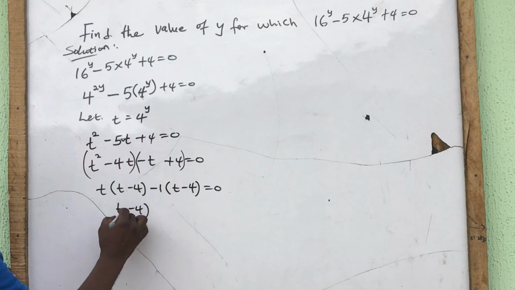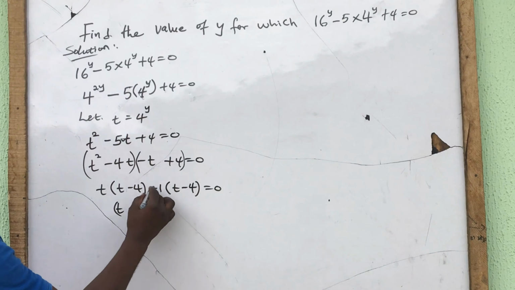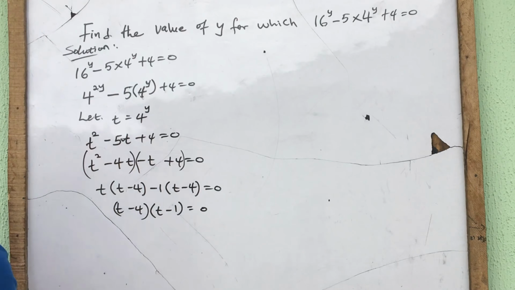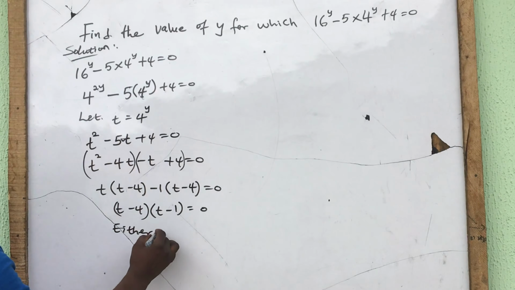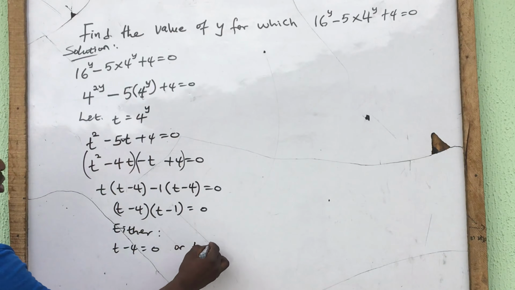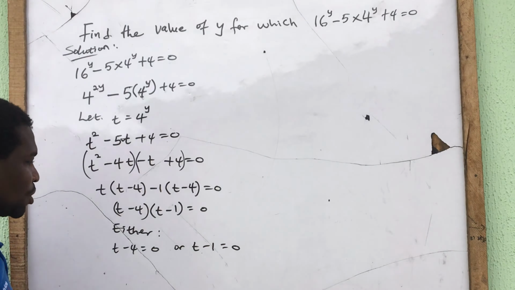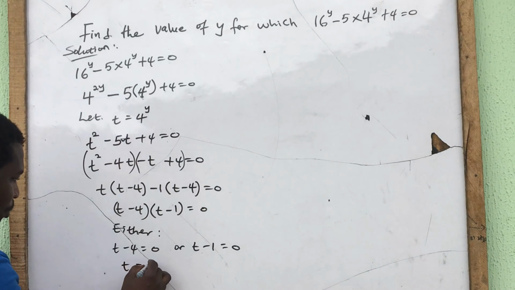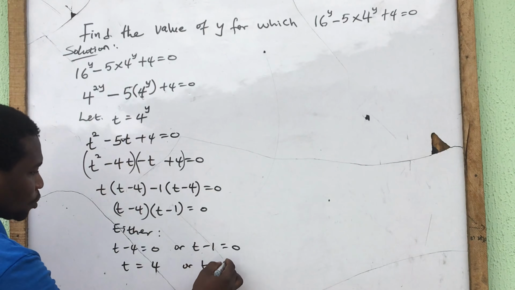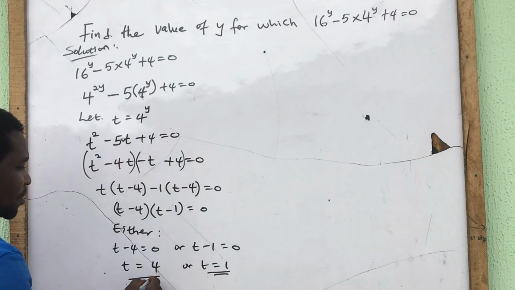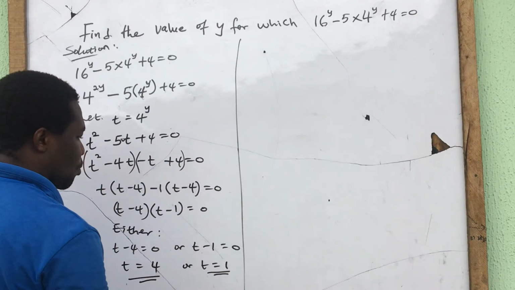T minus 4 into t minus 1 equal to 0. So either t minus 4 equal to 0 or t minus 1 equal to 0. From that, you have t equal to 4 or t equal to 1. When you know the value of t now, the next step is to apply it.